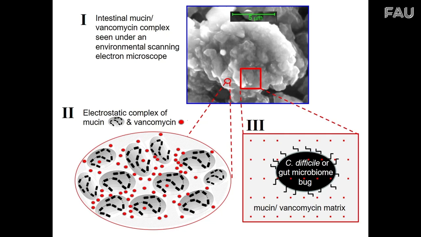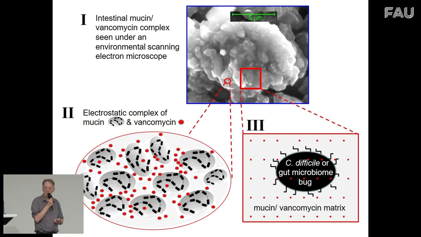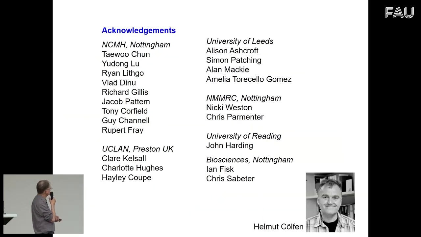And a mechanism for how this might work and be relevant is that maybe electrostatic complexes of mucins with the vancomycin form this mesh, which basically traps the bugs in, while the vancomycin, or teicoplanin, chomps away. So it actually aids the oral, nasal or ocular function of these things.